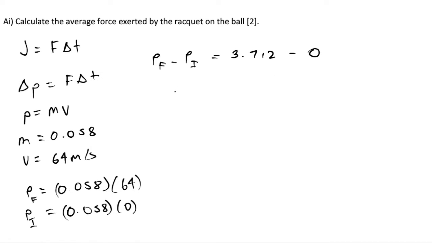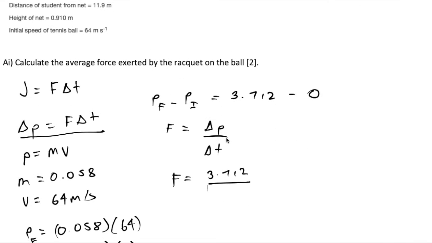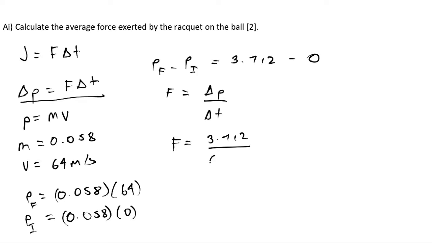And so we can put this back into our formula. We want to rearrange our impulse formula to solve for F. So average force is equal to the change in momentum divided by the change in time. So force is equal to 3.712 divided by the time, which is 25 milliseconds, that is 0.025 seconds.